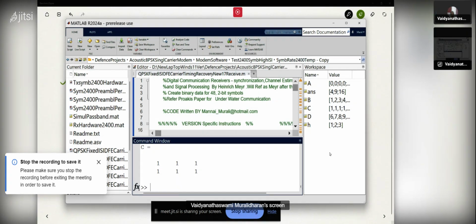MATLAB uses some random matrices and random vectors also actually. There are two kinds of random numbers. One is uniform, another is Gaussian. First let us talk about the uniform random number. X equal to rand 3 comma 2.